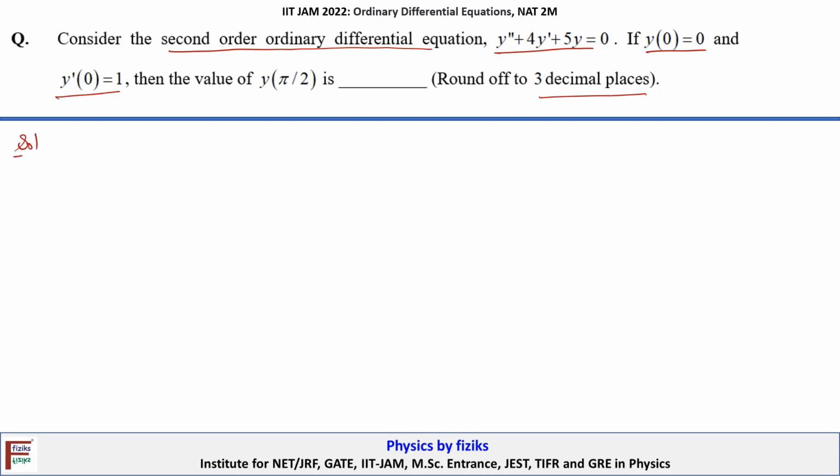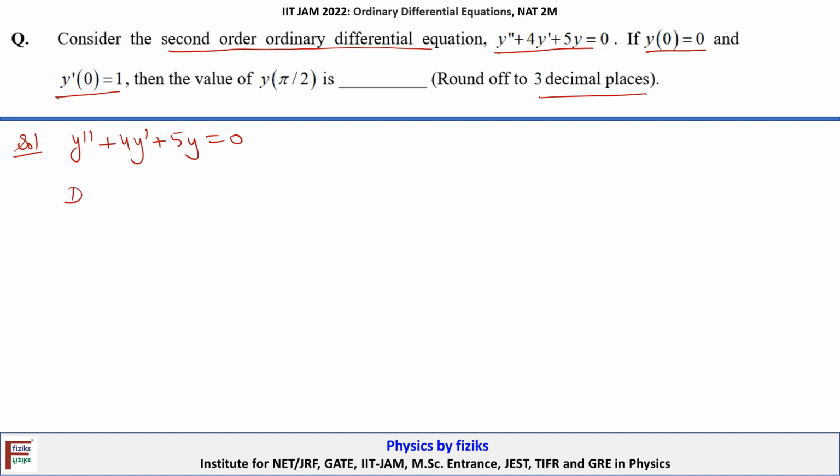Here the differential equation is given as y double dash plus 4 times y dash plus 5 times y is equal to 0. This differential equation can be written in terms of the D operator, where y dash is equal to D and y double dash is equal to D square.